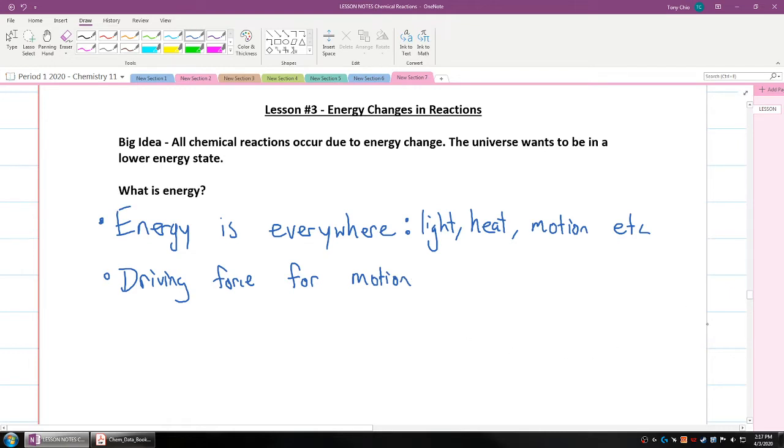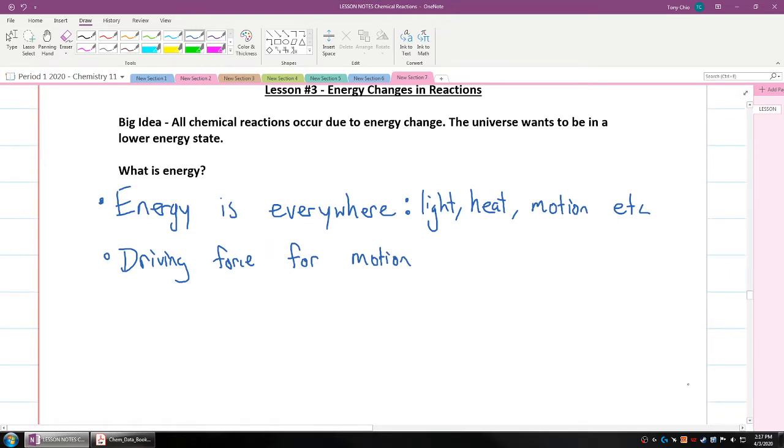And you've learned a bit about energy already based on how molecules move. So you might remember rotational, vibrational, and translational previously. What you also got to know is that molecules are held by chemical bonds.